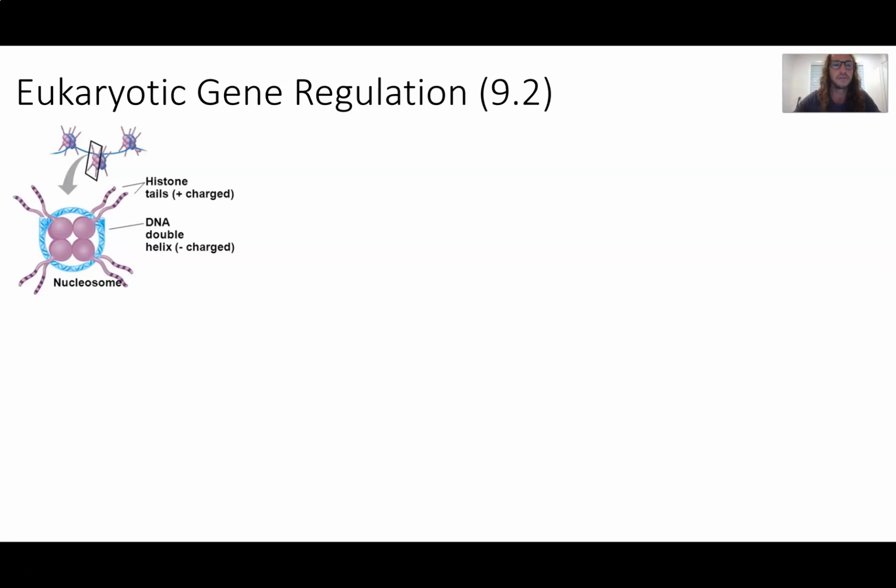The first thing that I will talk about is called acetylation. When you acetylate the tails, it means you add an acetyl group, a chemical compound of acetyl, to those tails.